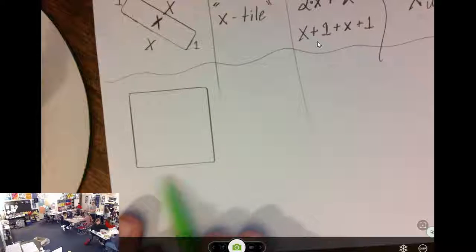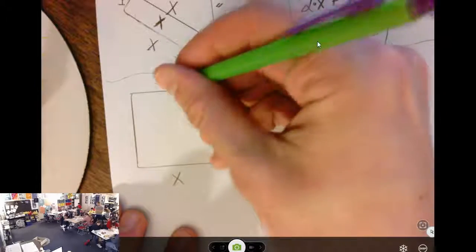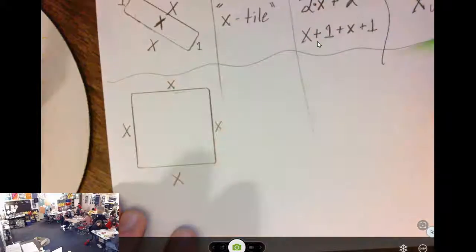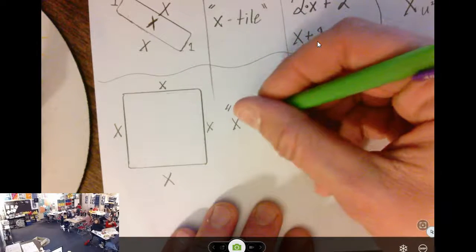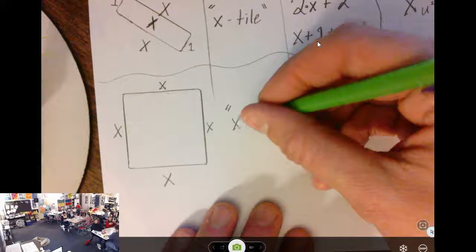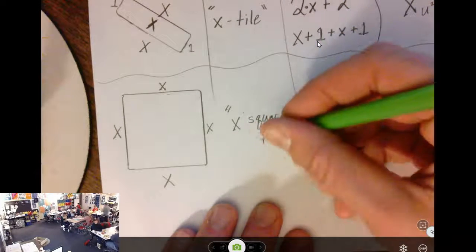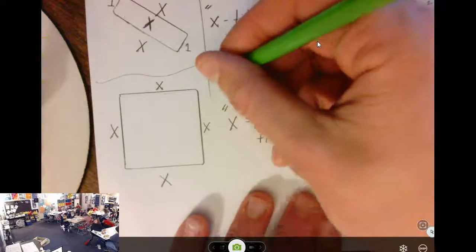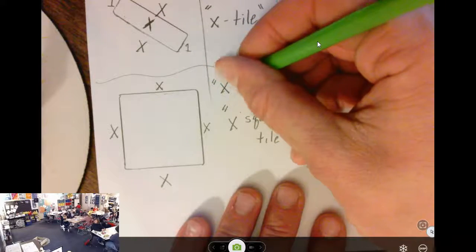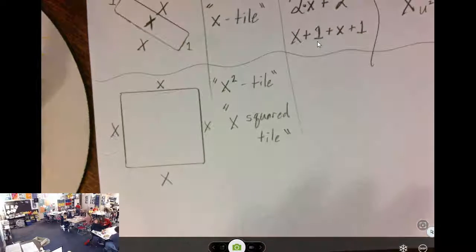What is this edge length? X, right? What is this edge length? This edge? This edge? So we said the name of this is X squared. No, X squared. Or you could write this as X squared tile. This is the last one we're doing today.